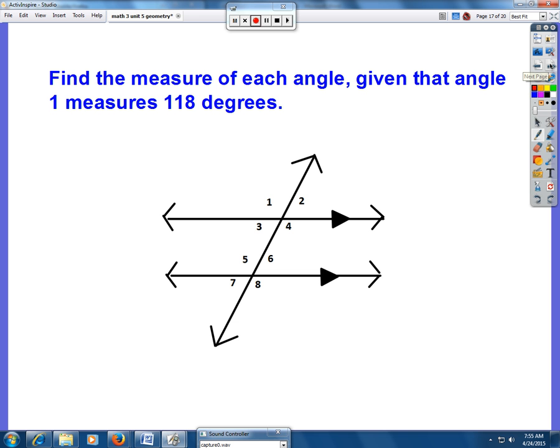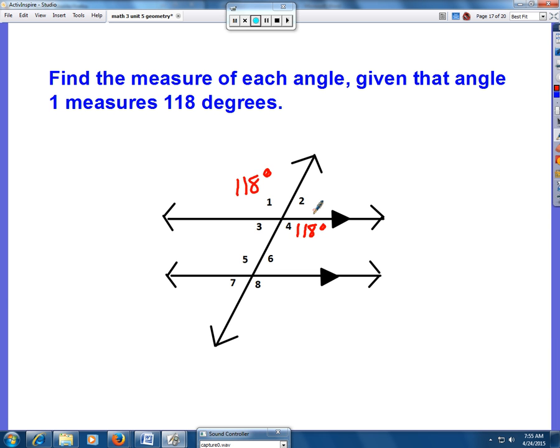Okay, so how do you use these to solve problems? The first example: find the measure of each angle, given that angle 1 measures 118 degrees. So I'm going to put 118 right here. Now, I know that the vertical angle with this angle is angle 4, so I know angle 4 is 118 degrees.